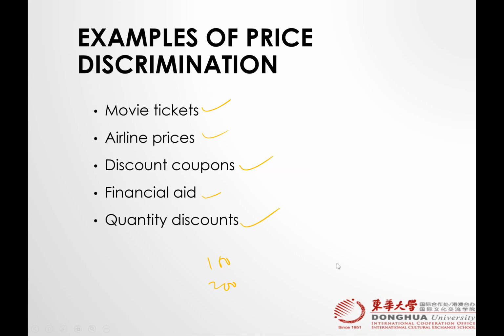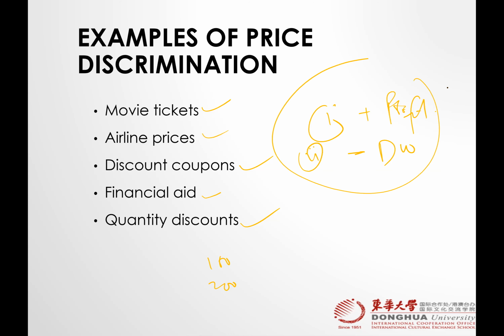So price discrimination does two things: it increases profit, and it decreases the deadweight loss, which are desirable outcomes for both counterparties, government and companies. That's it.